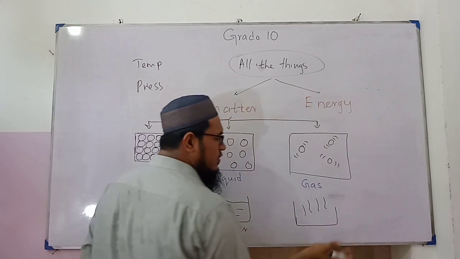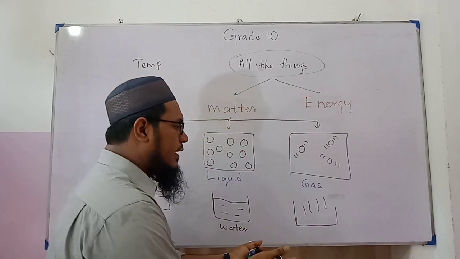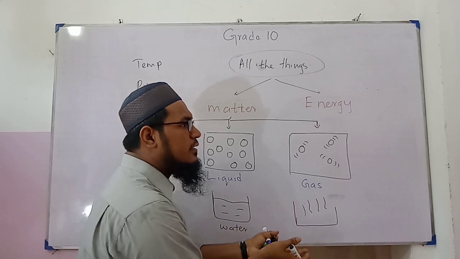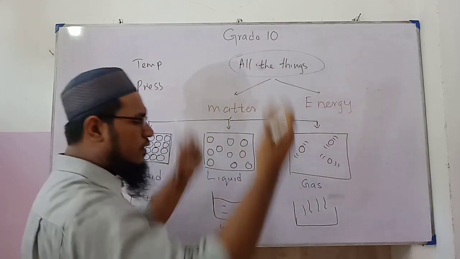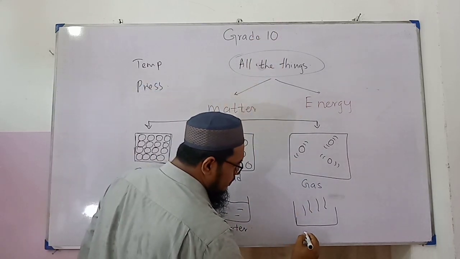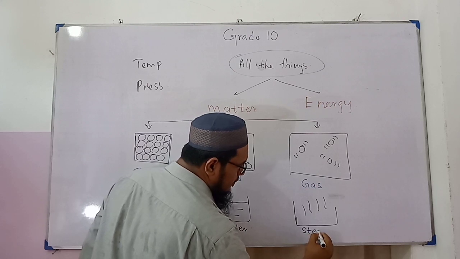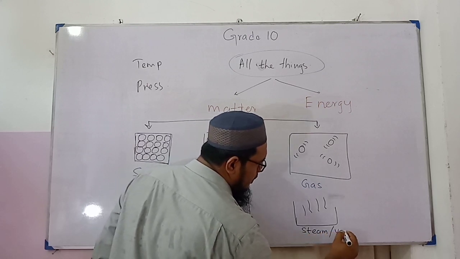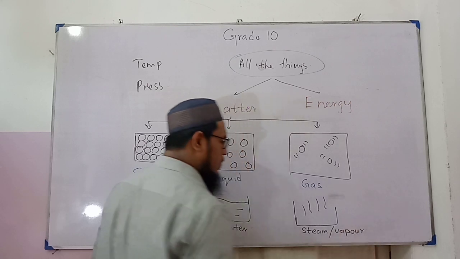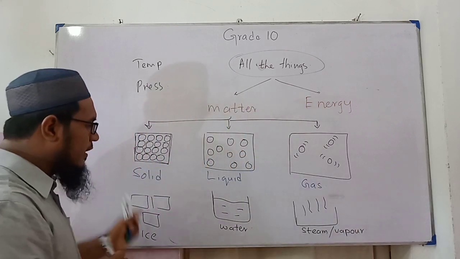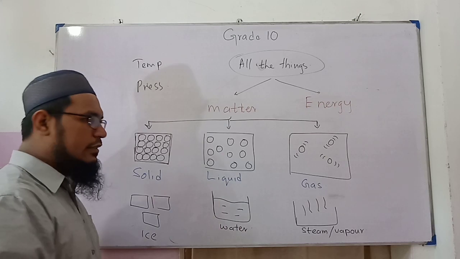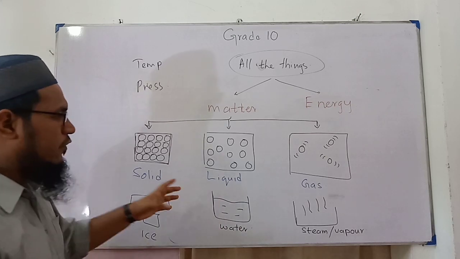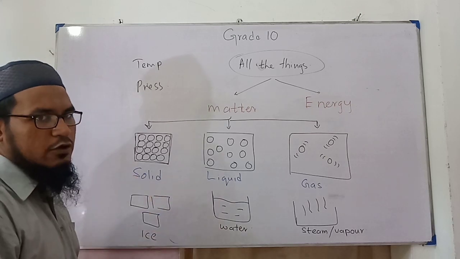Once you heat it, it tries to escape, to move away. So this is steam or vapor, water vapor. So one substance can have any of the given states of matter depending on the temperature or pressure.